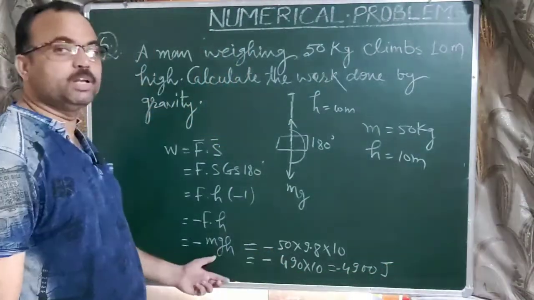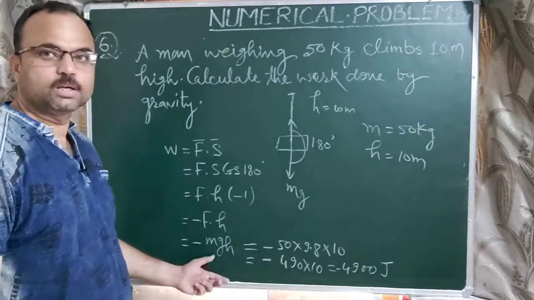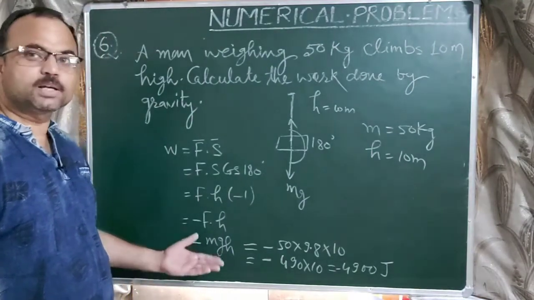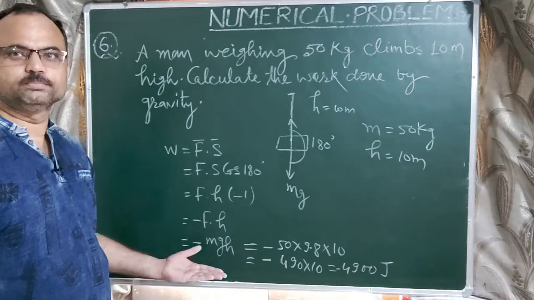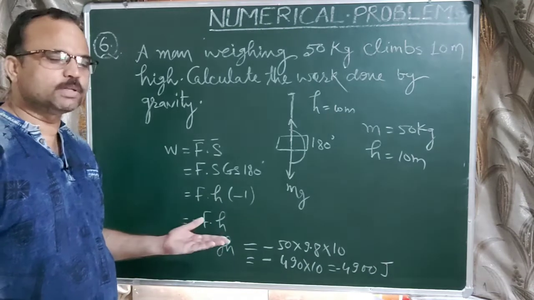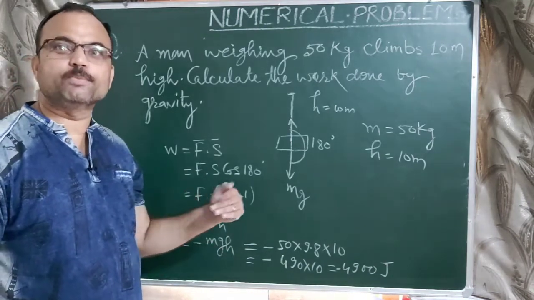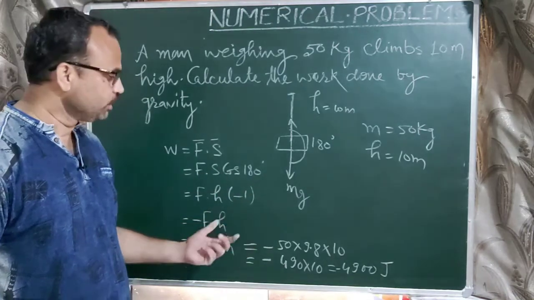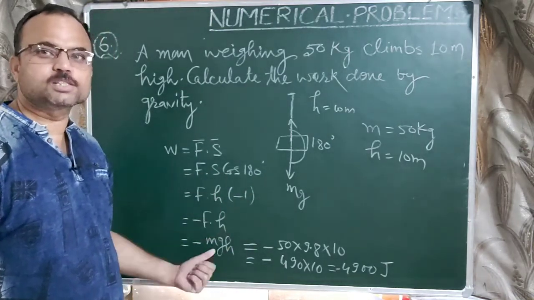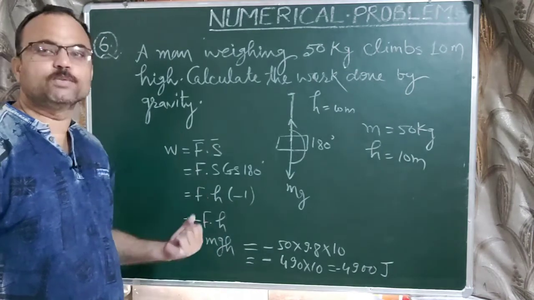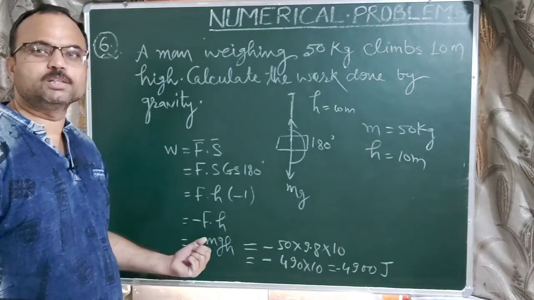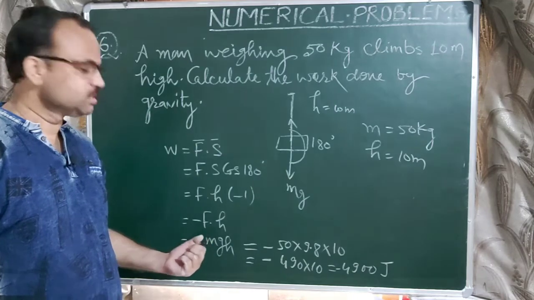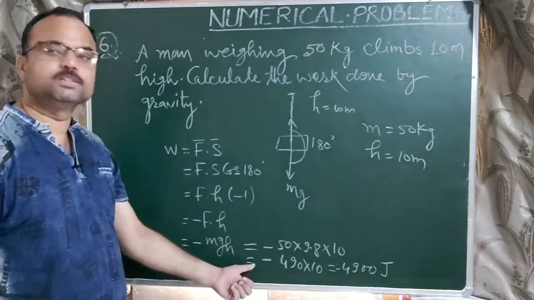Work done will be negative, because it is the case of work done on the system, not by the system. As we know, work done by the system is always positive, and work done on the system is always negative. So it is the case of work done on the system, because the earth applies a force, and work done is negative.